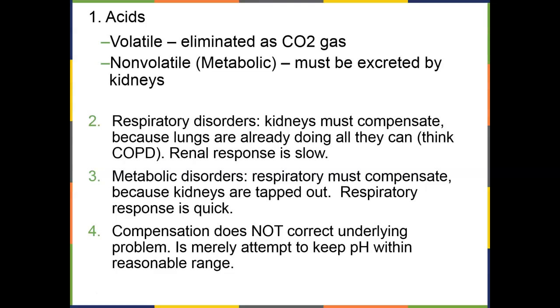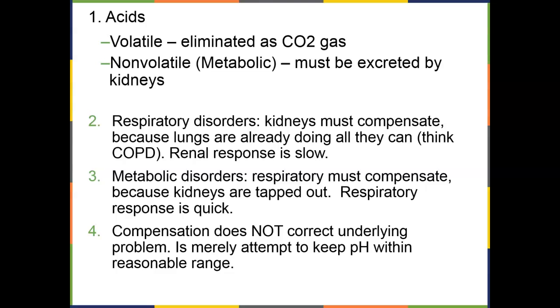Metabolic disorders then are going to be associated with your kidneys, and so your kidneys have to do the job, but if they're not doing the job, if they can't get rid of something, then the respiratory system has to compensate, and respiratory compensation is going to be a lot faster than metabolic compensation.